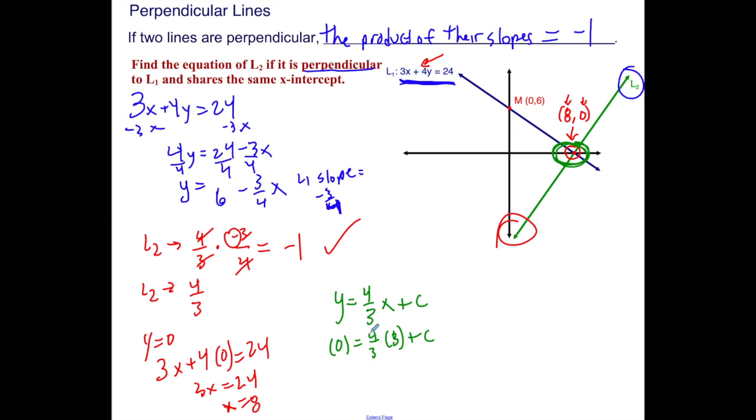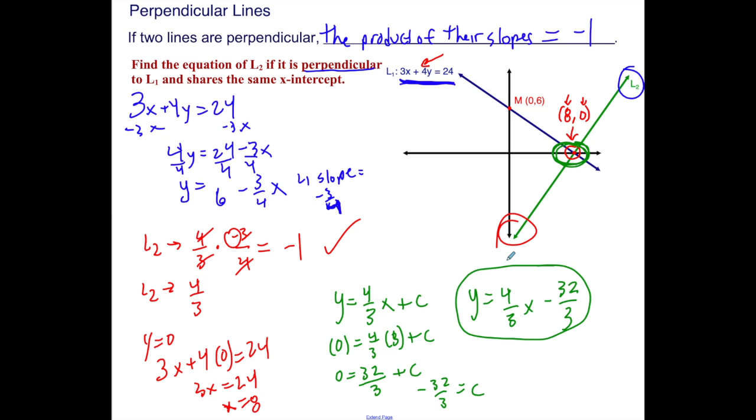So again, I multiply 4 times 8, multiply on the top. So I have 0 equals 32 over 3 plus c. And what I'm left with is if I just subtract this from both sides, I get negative 32 over 3 equals c. So my equation is y equals 4 over 3 x minus 32 over 3. That's the equation of the perpendicular line.